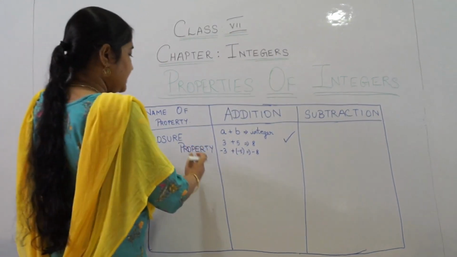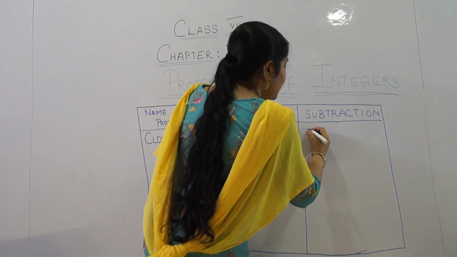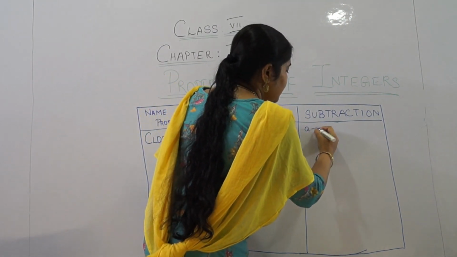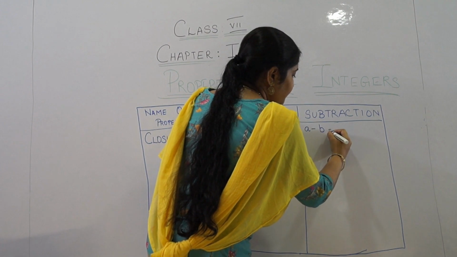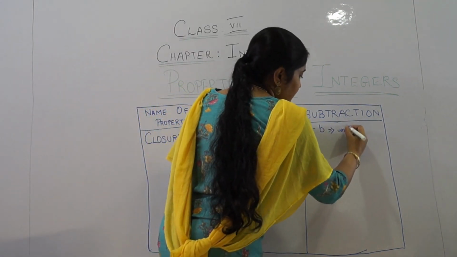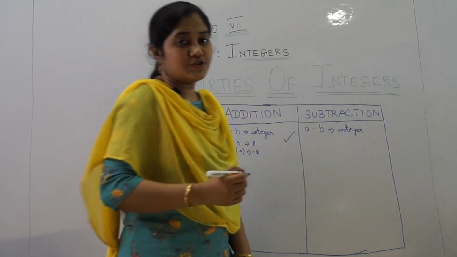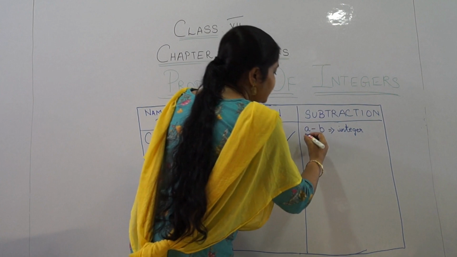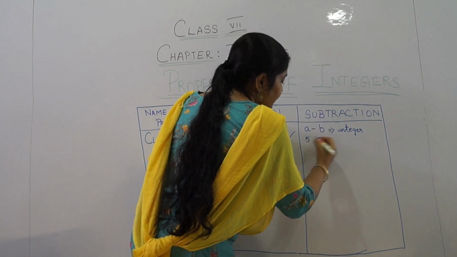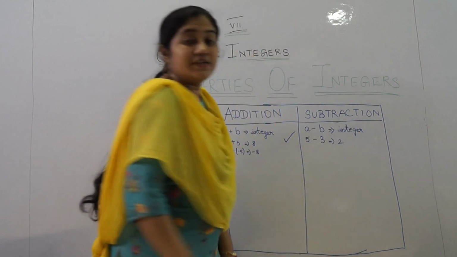Now let's see the same property for subtraction. When we subtract two integers, say a minus b, the result should be an integer. So shall we check if the property holds good for subtraction too? Suppose I take the numbers 5 and 3. So 5 minus 3 is 2. Is 2 an integer?